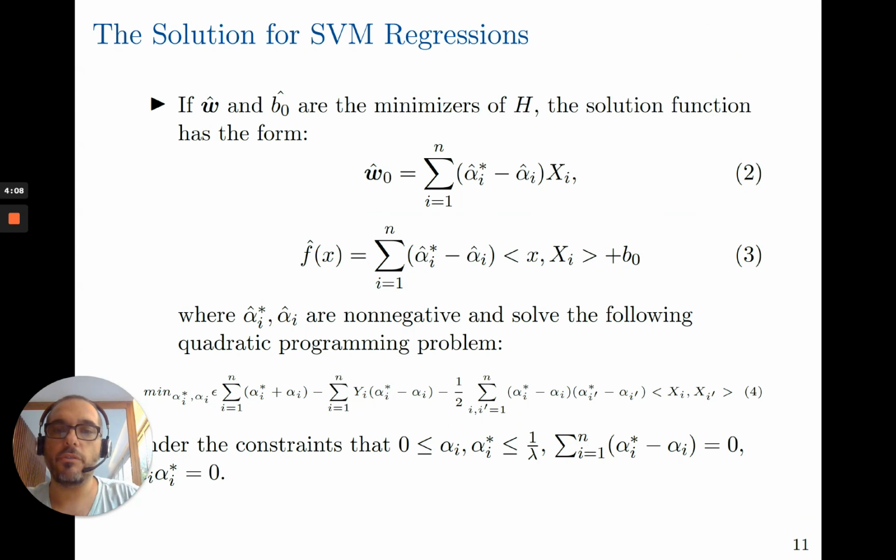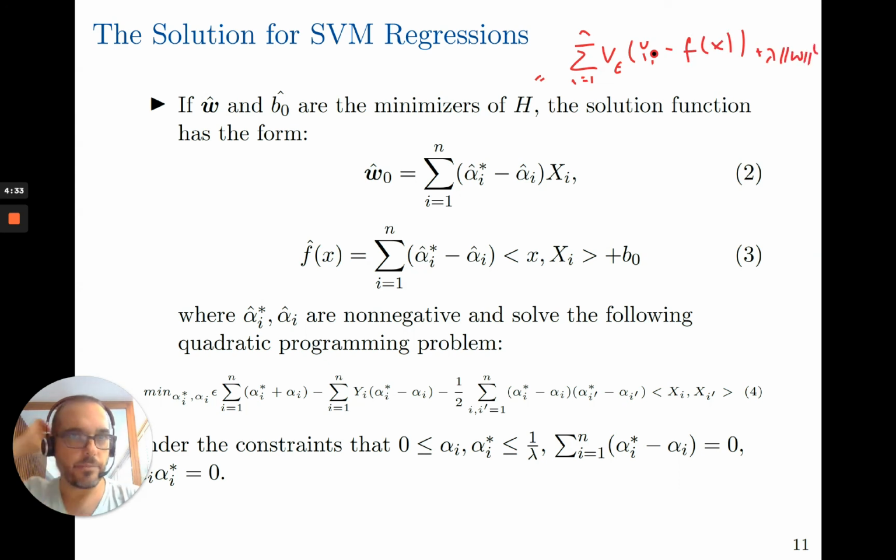How do we solve for regressions? For regressions we have to minimize the function h. Remember what h is: the sum of the epsilon function of yi minus f of xi, plus lambda times the squared norm of w, where f of xi is w transpose xi plus b.